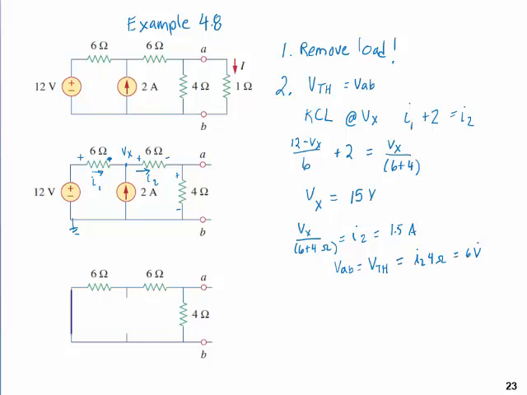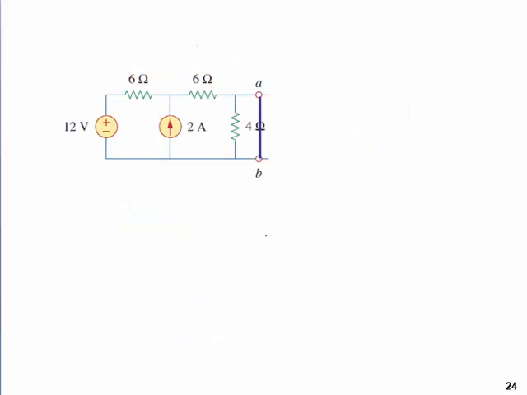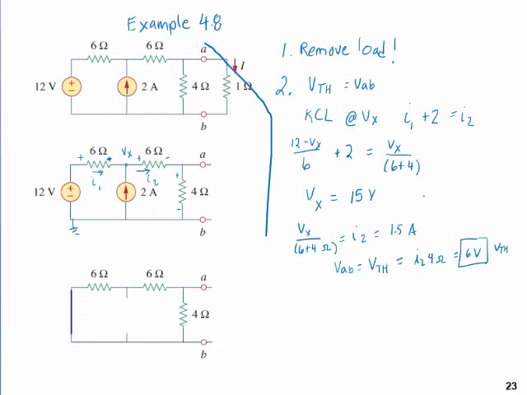So we found the first thing. We found V Thevenin. So we know if we were going to make a Thevenin equivalent of this circuit right now, let me go forward one slide. Okay. If we were going to make a Thevenin equivalent of this circuit right now, we have the first thing determined, which is V Thevenin. So we still need R Thevenin.